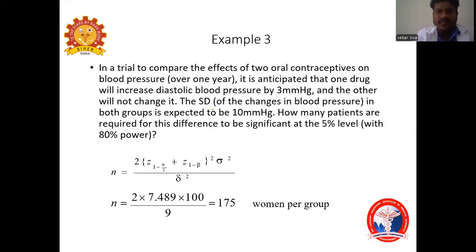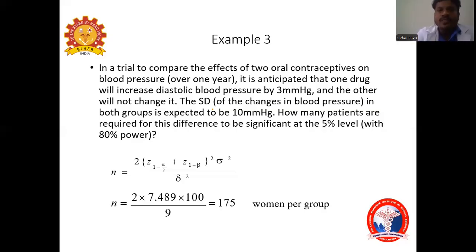The standard deviation of the changes in blood pressure in both groups is expected to be 10 mmHg. How many patients are required for the difference to be significant at the 5% level with 80% power?